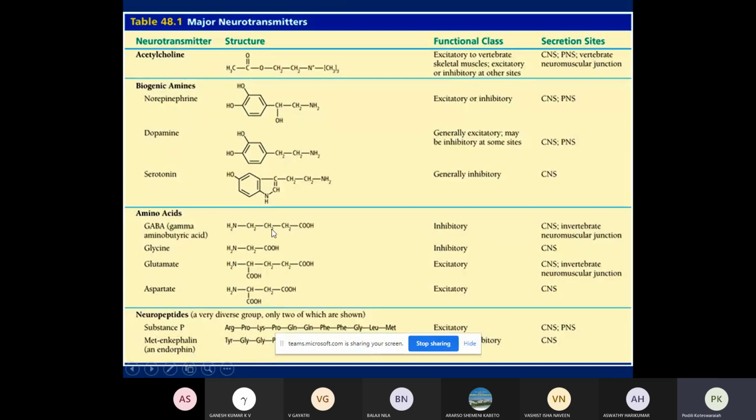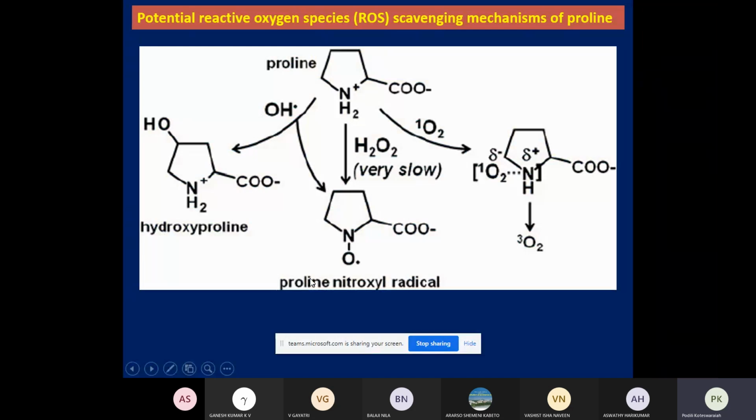Gamma aminobutyric acid is again a neurotransmitter. Glycine and gamma aminobutyric acid are inhibitory neurotransmitters, and glutamate and aspartate are excitatory neurotransmitters.